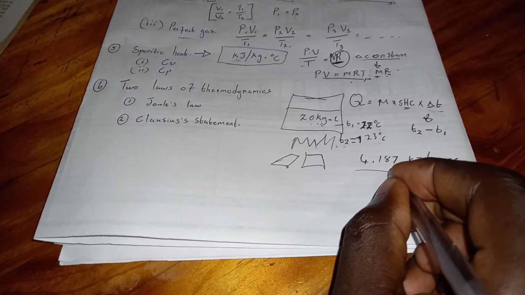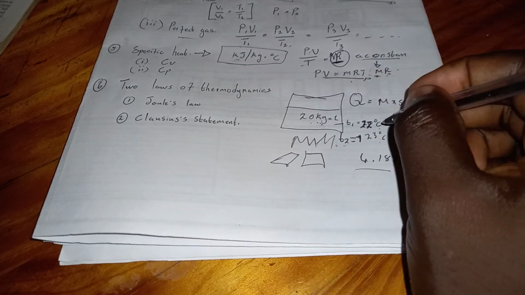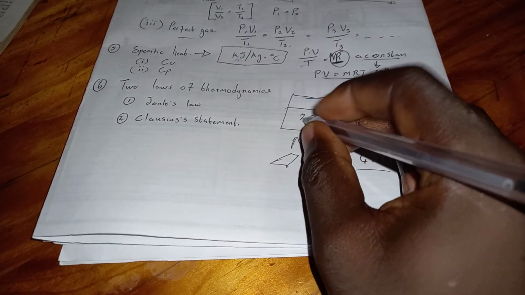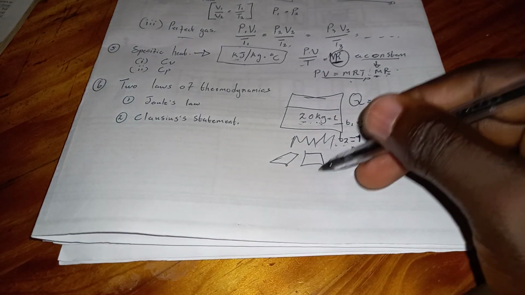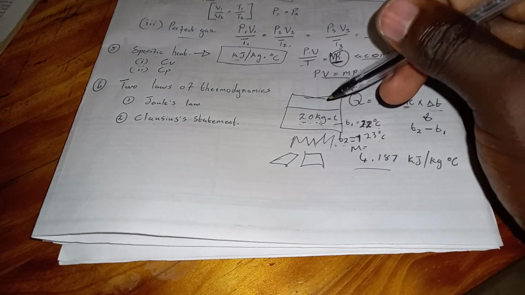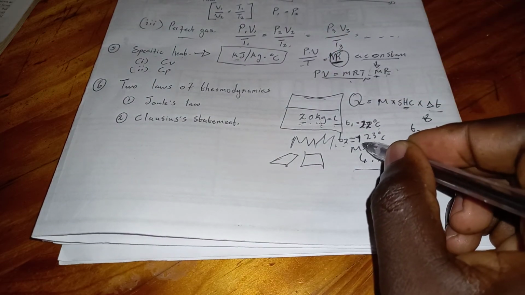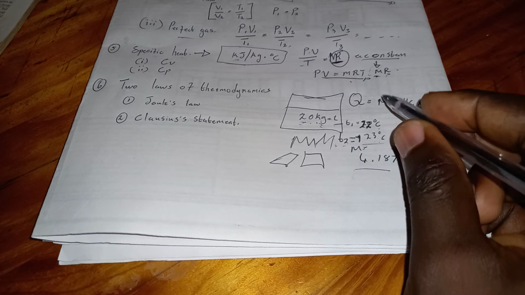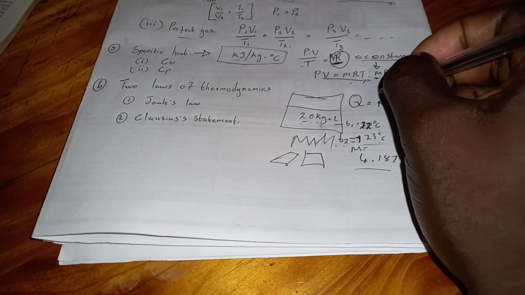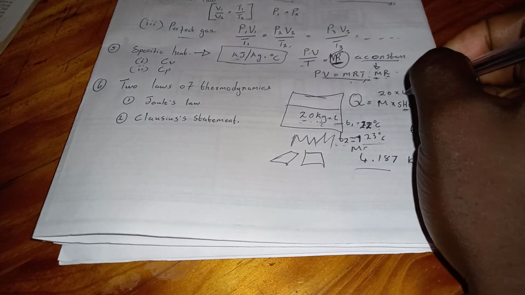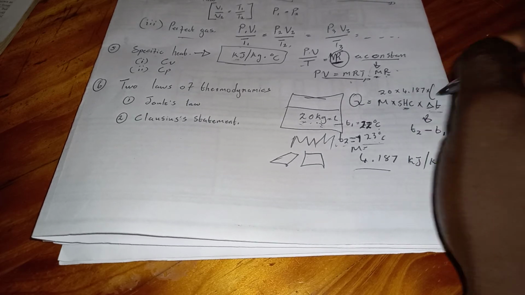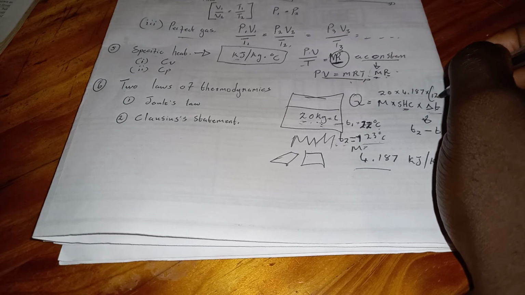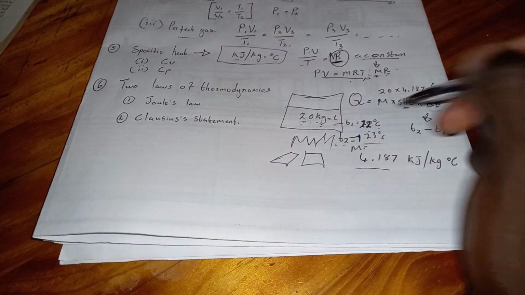Now let's say the mass of water is 20. To calculate the whole heat energy supplied to this water so that its temperature changes to 123, you use this formula: 20 multiplied by 4.187 multiplied by the change in temperature, which is 123 minus 22.